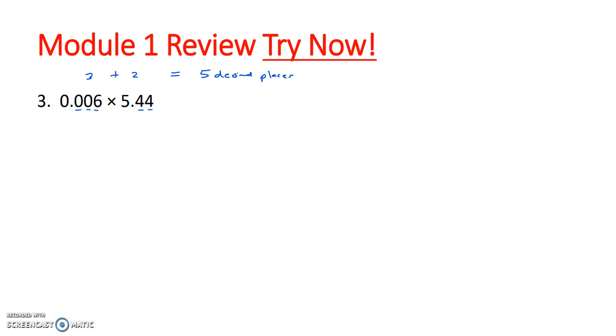And so what I'm going to do is ignore all the zeros and decimals, and I'm going to put the 544. So I'm going to write it like it's 544. I'm going to put that up top. And I'm going to take the 6 as my multiplier because that will make my amount of rows for multiplication much easier.